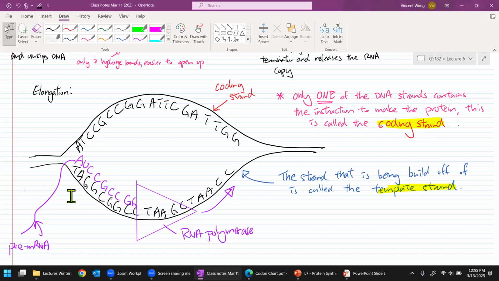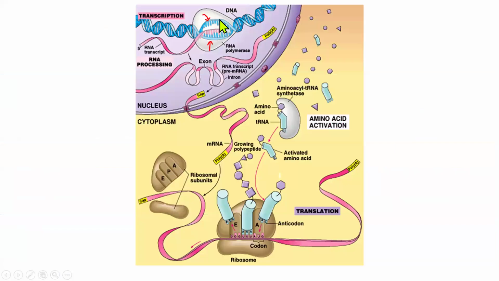Based on this understanding, you should be able to tell that the top is the coding because the mRNA, the pink thing, is being built off of the bottom one. So coding on the top, template at the bottom. Once you build it, you can see that's the pre-mRNA, and it has exons, which is the darker pink, and then the introns.